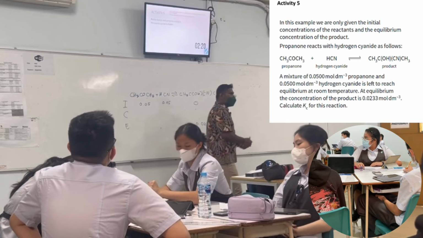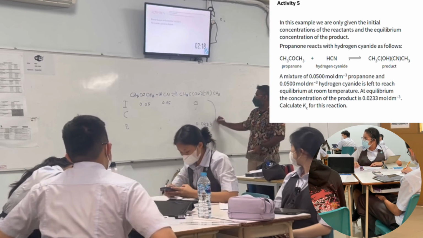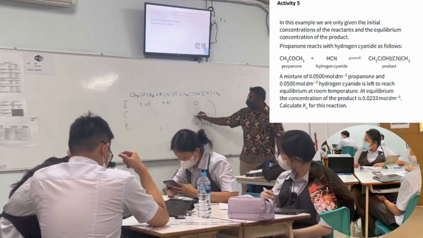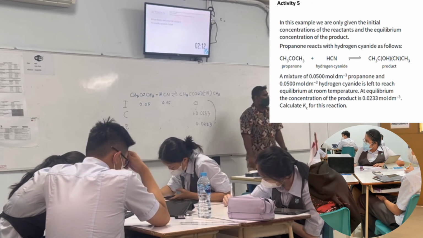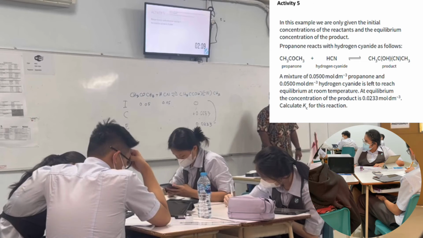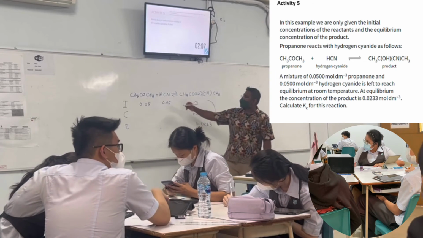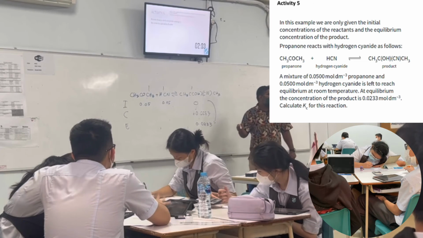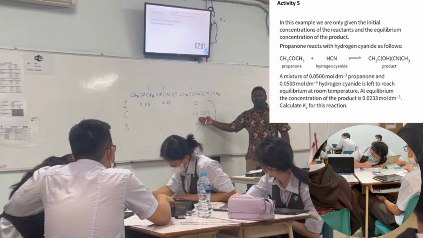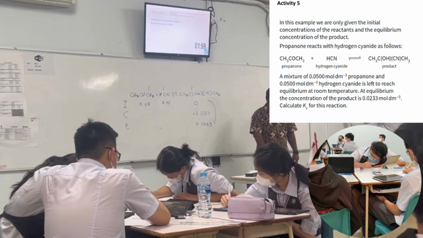So from 0 to become this, there is a change of plus 0.0233. This is very important. Why? You look at the number of moles, 1, 1, 1. It means every change is going to follow the same number of moles.